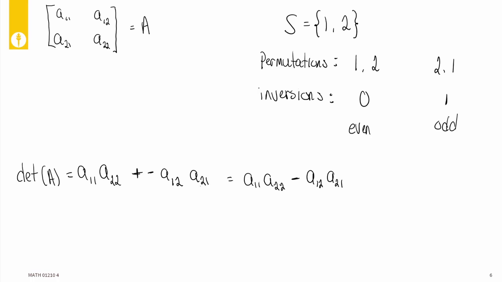Right, so you draw an X. The direction of multiplication dictates whether it's positive or negative. Going to the right positive, going to the left negative. So that is a quick shortcut for doing a 2 by 2 determinant.